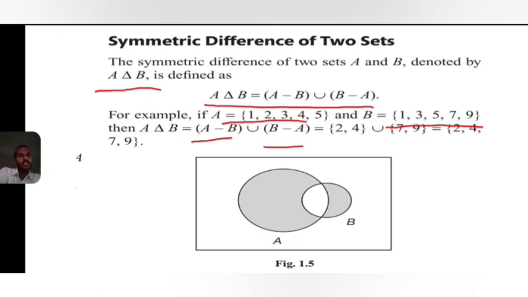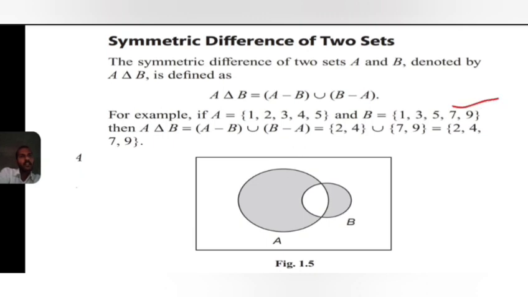Now A difference B is nothing but the elements belonging to set A but not set B, that is {2, 4}, union symbol as it is. Again here set B difference A, the elements belonging to set B only but not A. Here 7, 9 are the only elements present in B but not in A. Therefore, the union of these two sets can be written as {2, 4, 7, 9}, right?